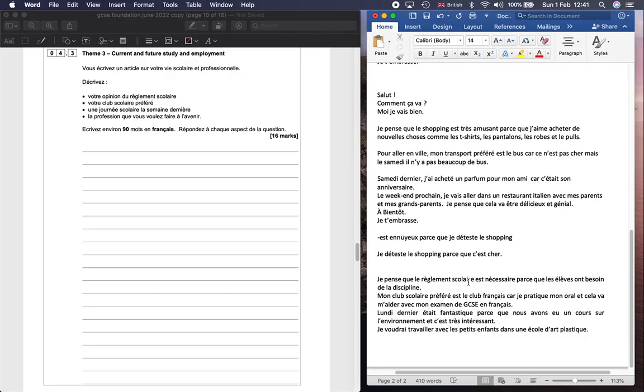So, je pense que le règlement scolaire est nécessaire parce que les élèves ont besoin de discipline. Je pense, we can say I think it's important because it helps them succeed. So we can say je pense que c'est important car cela aide les élèves à réussir à l'école.